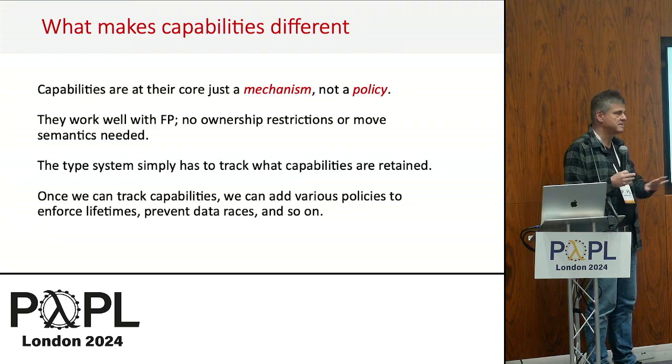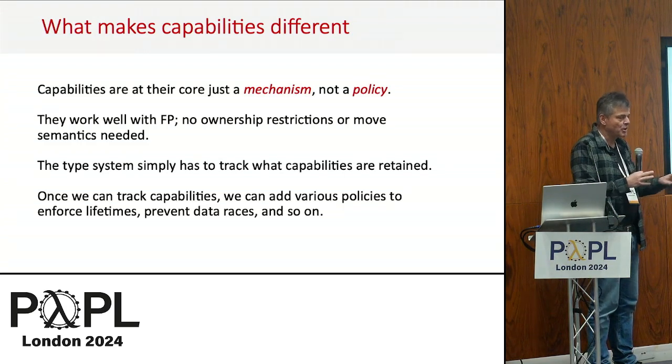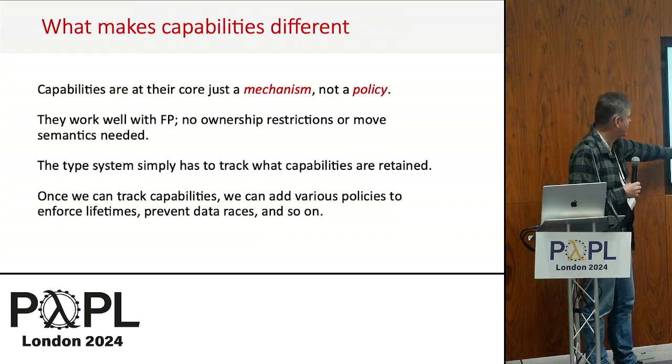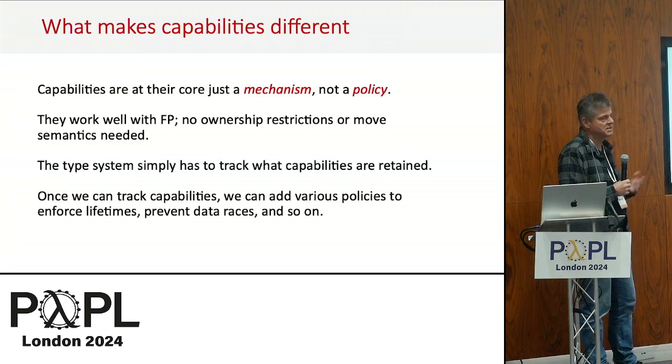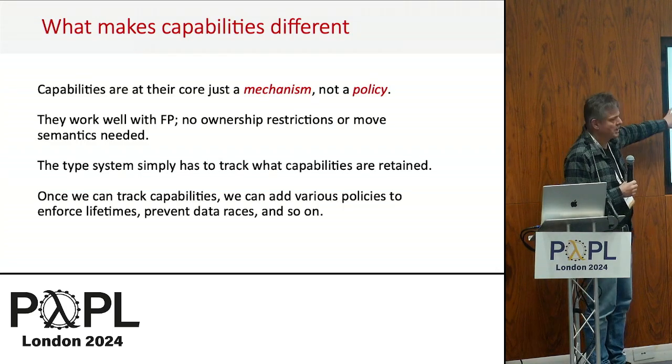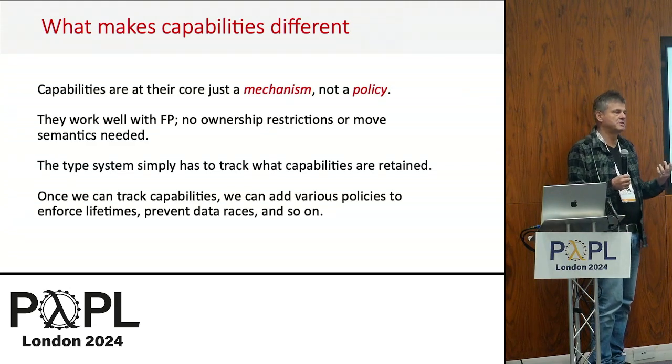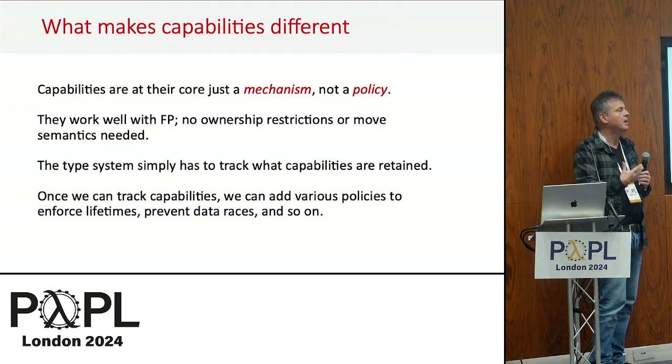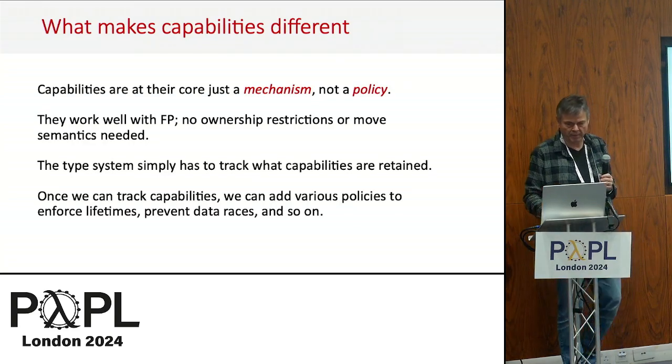With capabilities, essentially everything is completely free. We just have a type system that finds out what capabilities go where, and then afterwards we can add various policies to enforce lifetimes, prevent data races, and so on. And that's essentially the fundamental difference between, let's say, ownership type system approaches, which start with the policy and say, okay, here's a policy, your program has to adhere to that, and that's a restriction of your program.